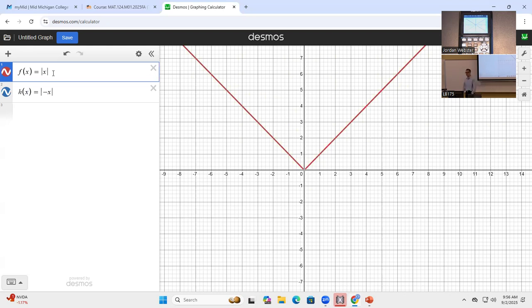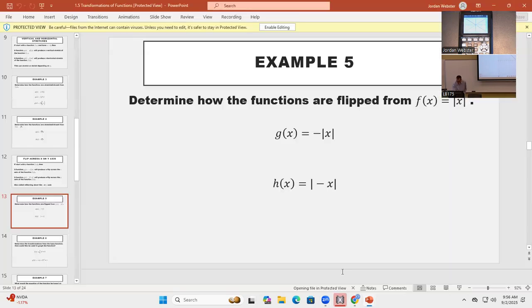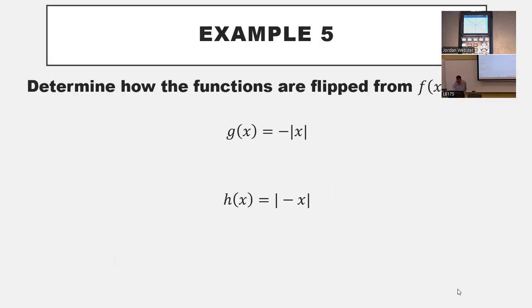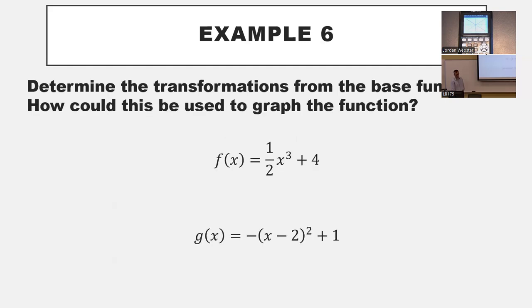Didn't change the shape or the look of our graph because of the symmetry with the y-axis. And on occasion that happens. So technically it flipped, but because of that symmetry, it didn't change any of the way the graph looked.